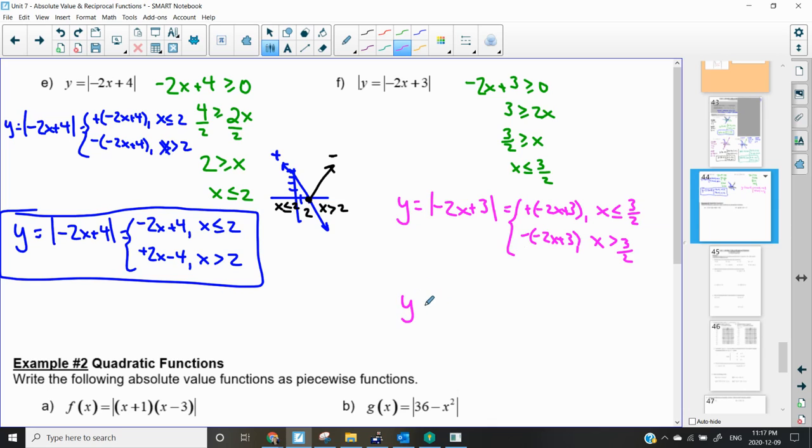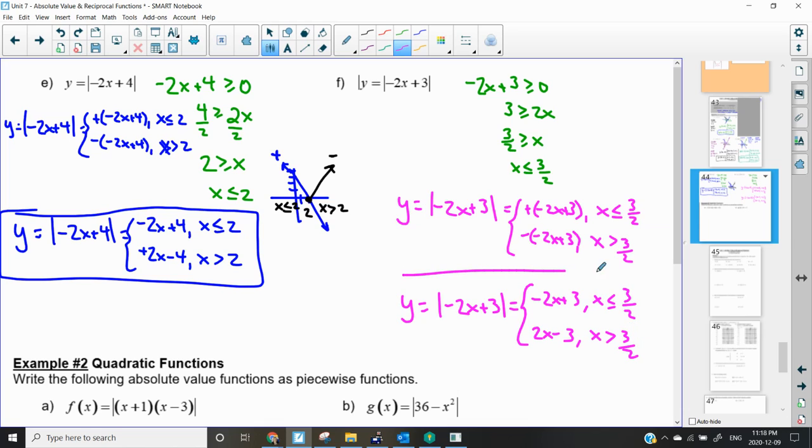Again, our last step is to simplify that down. So we're going to have y equals the absolute value of negative 2x plus 3, and we have negative 2x plus 3 when x is less than or equal to 3 over 2, and positive 2x minus 3 when x is greater than 3 over 2.